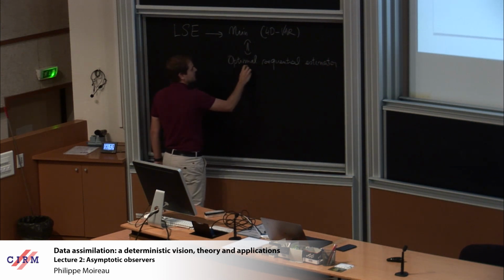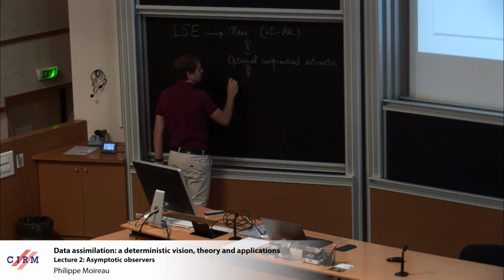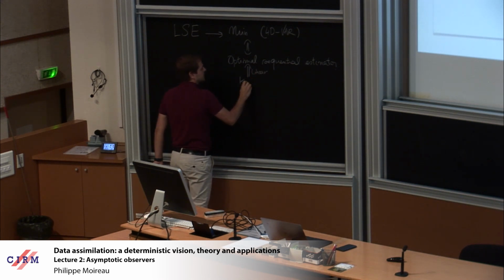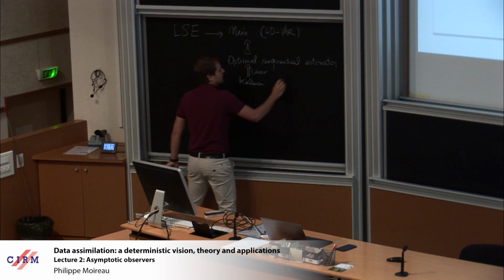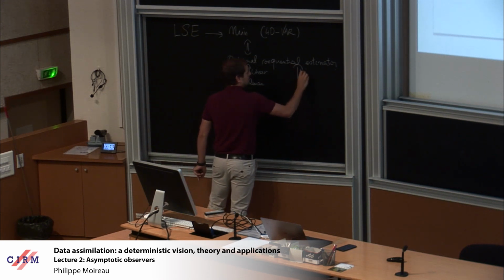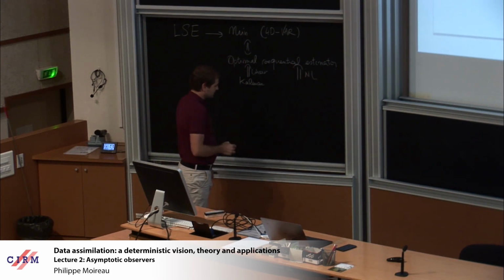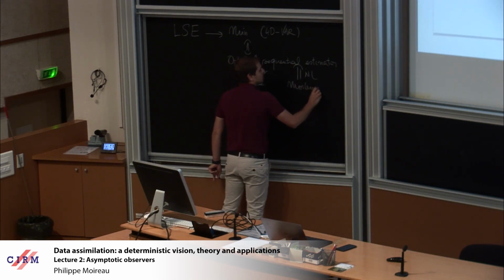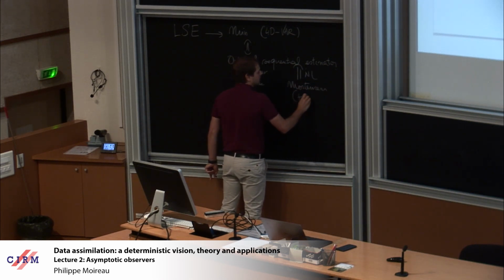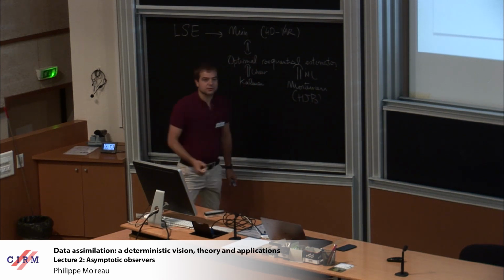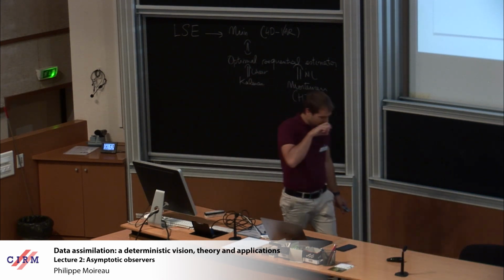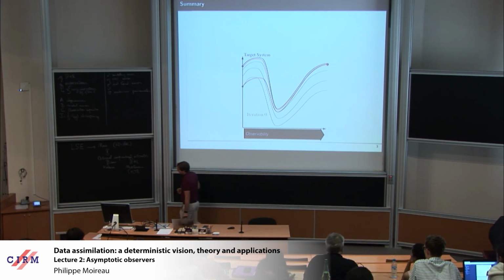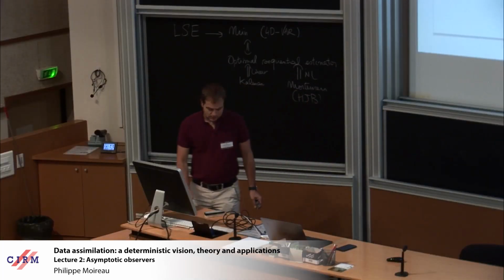The optimal sequential estimator in the linear case is Kalman, and in the non-linear case it's actually called the Mortensen estimator. I go quite quickly on it, but it's related to the HJB resolution.